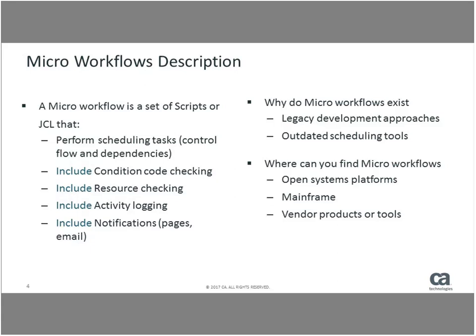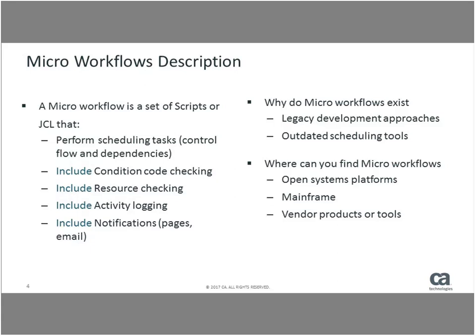In his words, a micro workflow is a set of scripts or JCL that performs scheduling tasks. In a lot of cases, from a legacy standpoint, you had things that were handed down because people had always done it that way. So in your JCL or your scripts, you might have your scheduling tasks, your control flow, and your dependencies.